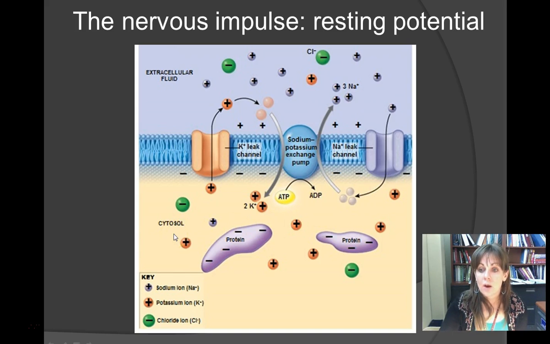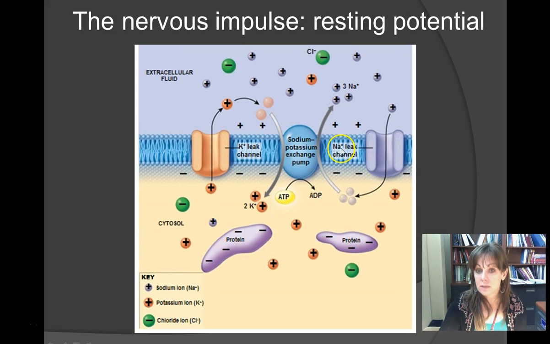Now let's look at what's going on with the movement of these ions. These arrows here are showing that the ions are moving. This little blob stuck in the membrane is a sodium leak channel. If you need to review channels, go to chapter 3. But know that a channel is passive transport. It moves things from high to low concentration.